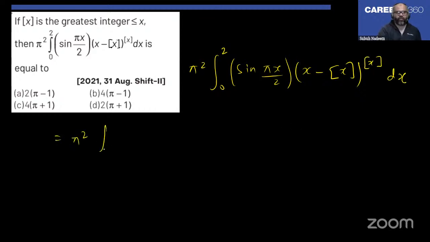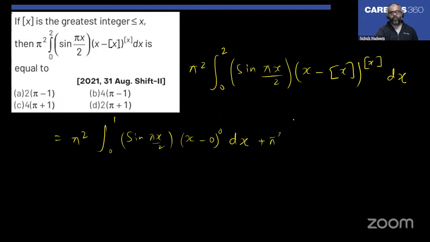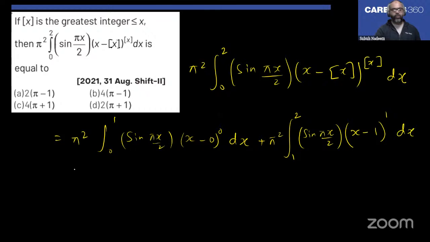Now 0 to 1 first we will take. So for 0 to 1, sine pi x by 2, and what will happen here? x minus 0 to the power 0 dx, because the greatest integer of x between 0 to 1 is 0. Then we have pi square, 1 to 2, sine pi x by 2, here it will be x minus 1 to the power 1 dx, as the greatest integer is 1 between 1 to 2.